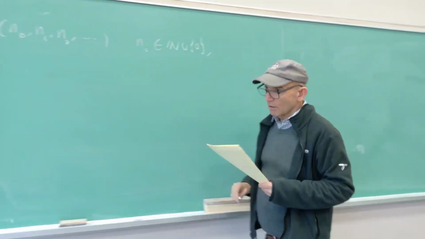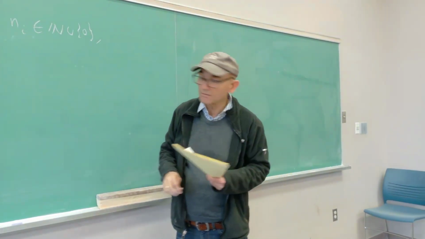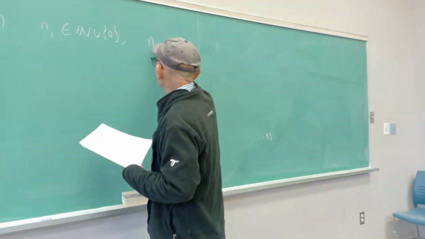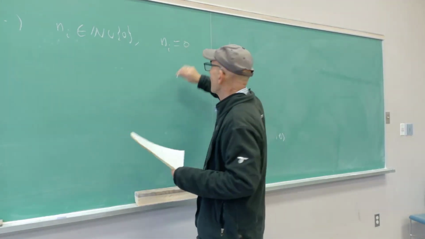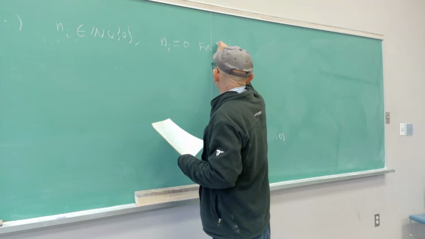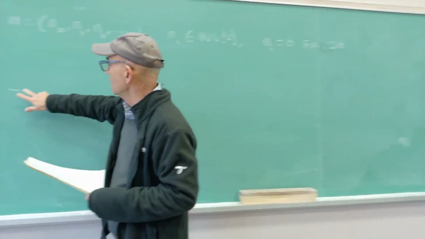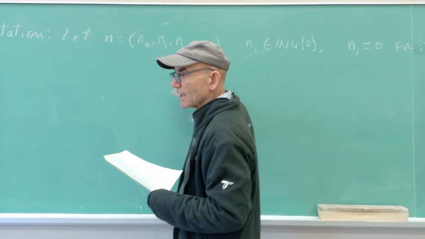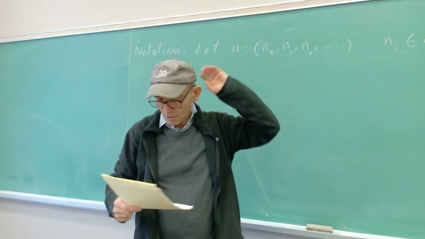So you have a vector of non-negative integers that could be 0 or positive integers, and n_i is equal to 0 for i large enough. So let's consider one of these vectors like that. So they are eventually 0, so they just don't keep going.